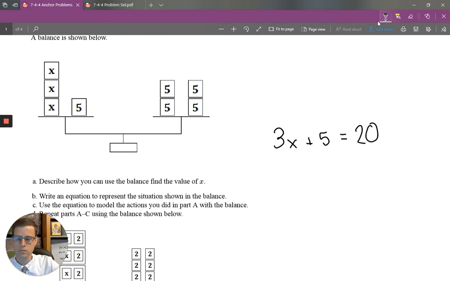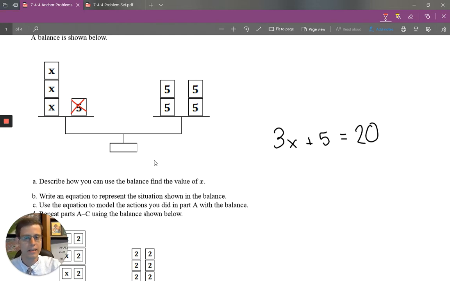Now, I'm going to combine some steps here. My goal, whenever I solve equations, is to get that variable alone, to get that x alone. I want to find out what the value of 1x is. And so the first thing I need to do is to get rid of this 5 on the left side.